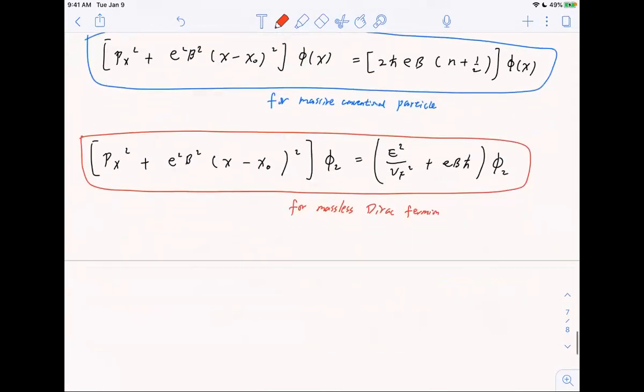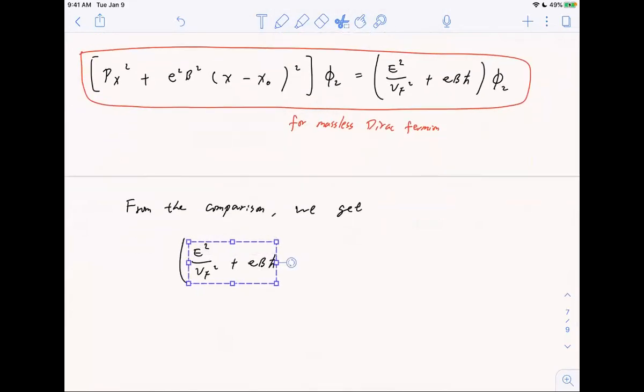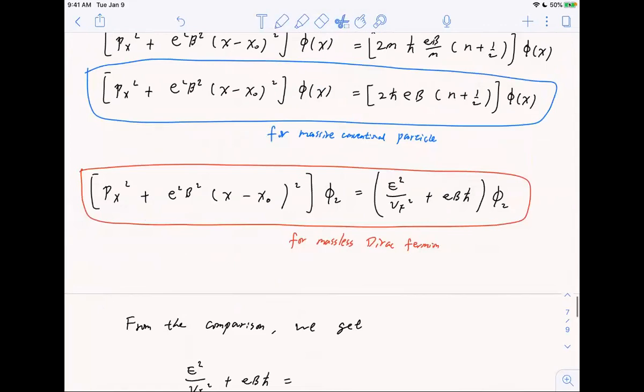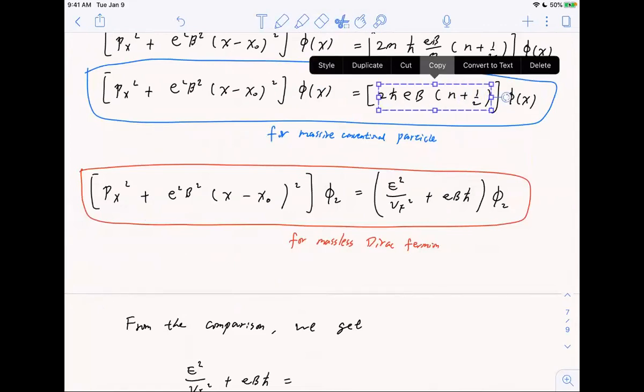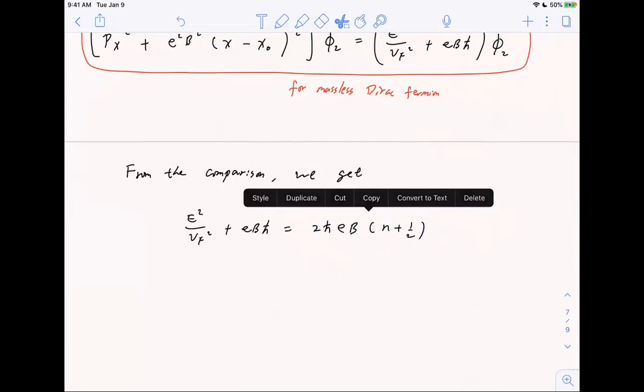Okay, so from the comparison, we get, what do we get? We get this thing, equal to this.